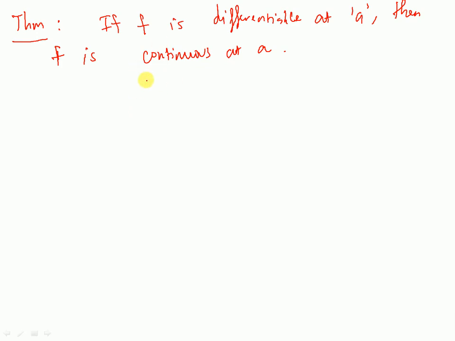Okay, let's go. How about if we reverse this statement? What if f is continuous? Does this mean that this function is differentiable? No. So make sure you know the reverse of this theorem is not true.